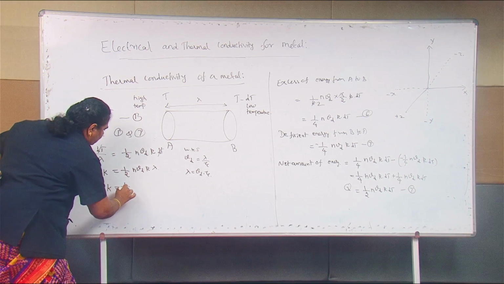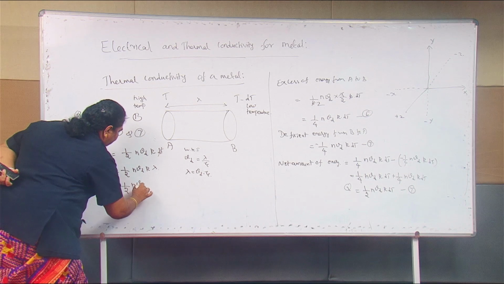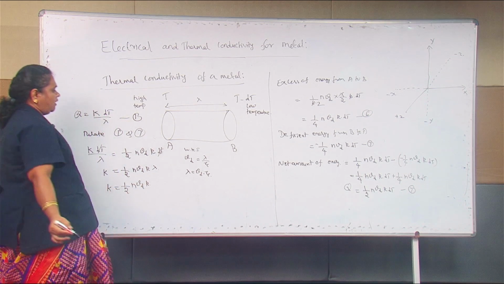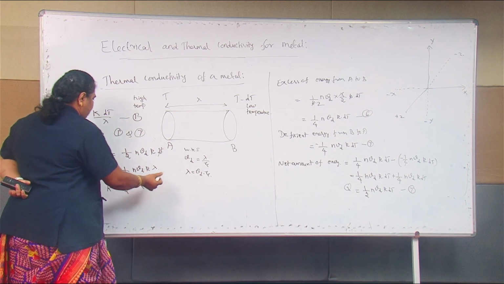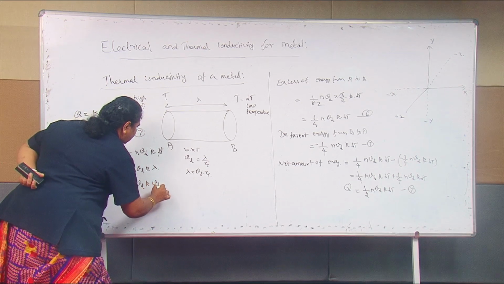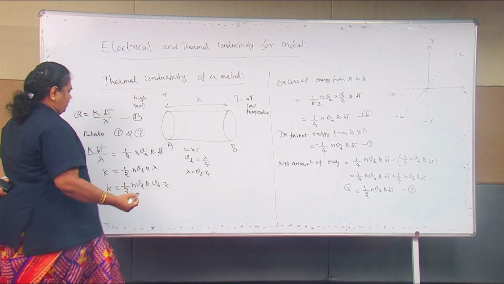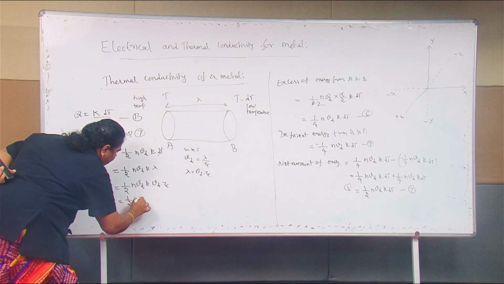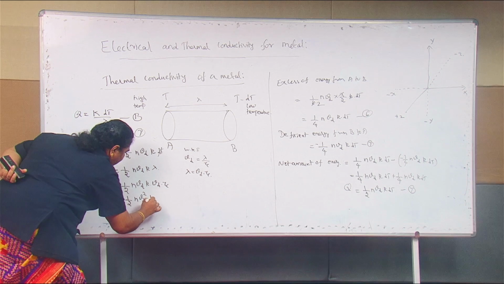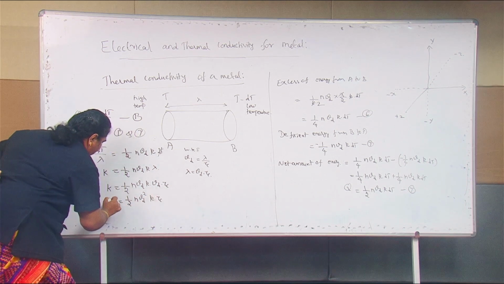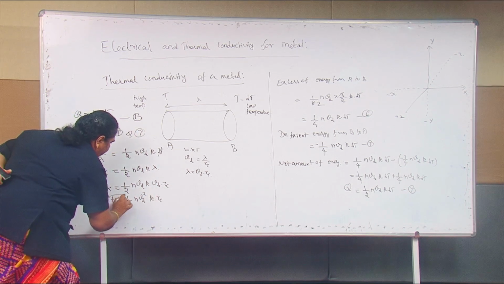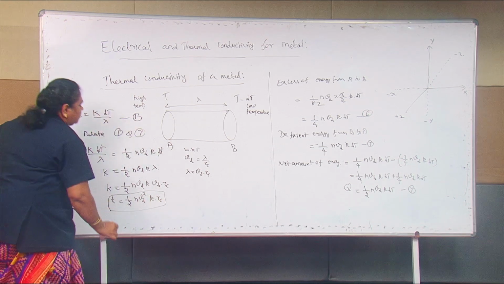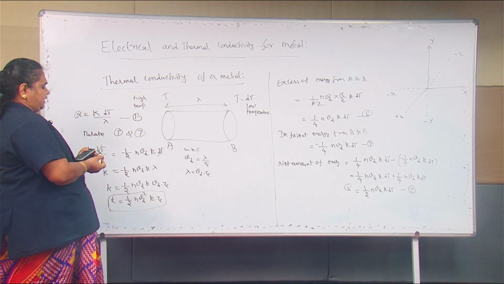K is equal to 1 by 2 n v_d multiplied by c, and lambda can be represented as v_d into tau_c. So we can write n v_d squared c into tau_c. So this is the final expression for thermal conductivity of a metal.